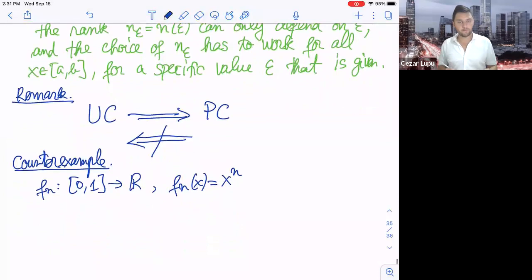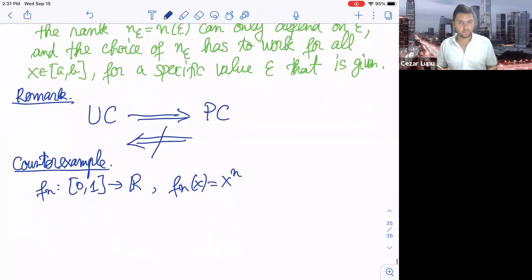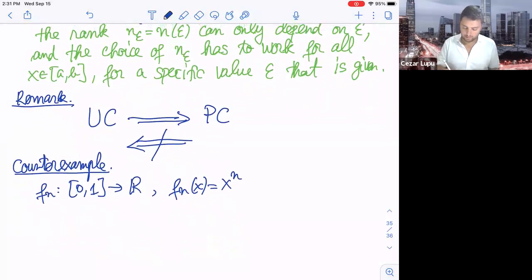Well, clearly, this converges pointwise to this function f of x, which is given by 0 if x is between 0 and 1, open at 1, pay attention, and 1 at x equals 1.